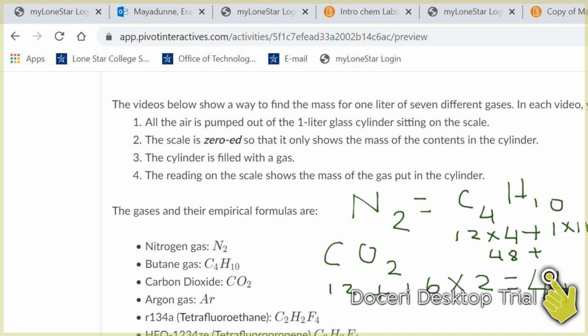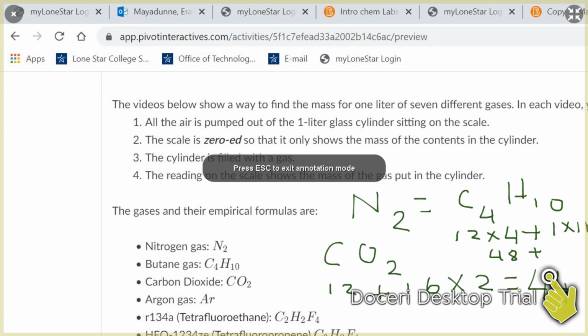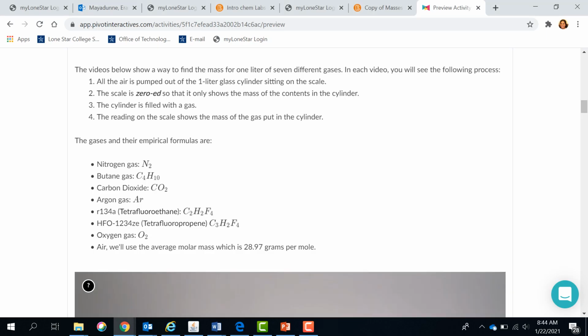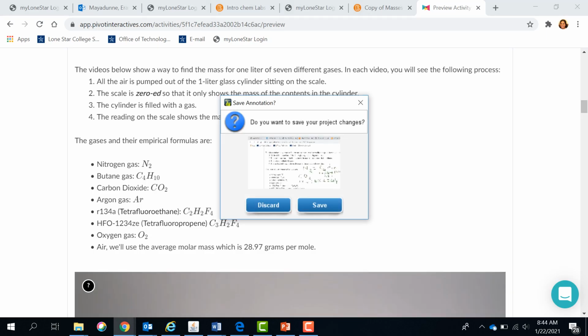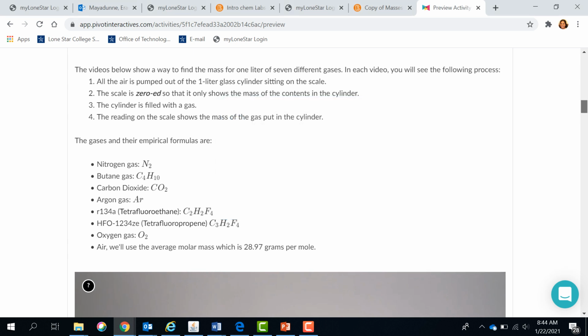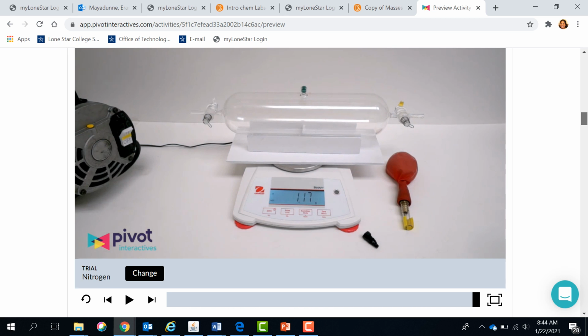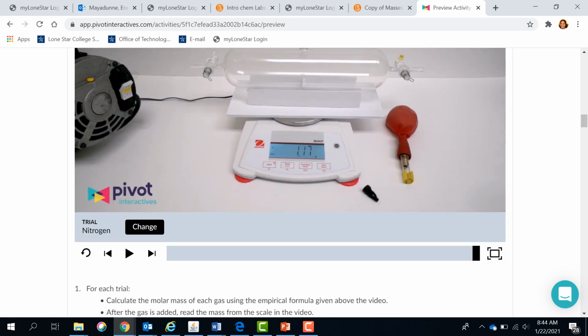So the first thing is finding the molar mass. Then you look at each gas and run the simulation for each and every gas.